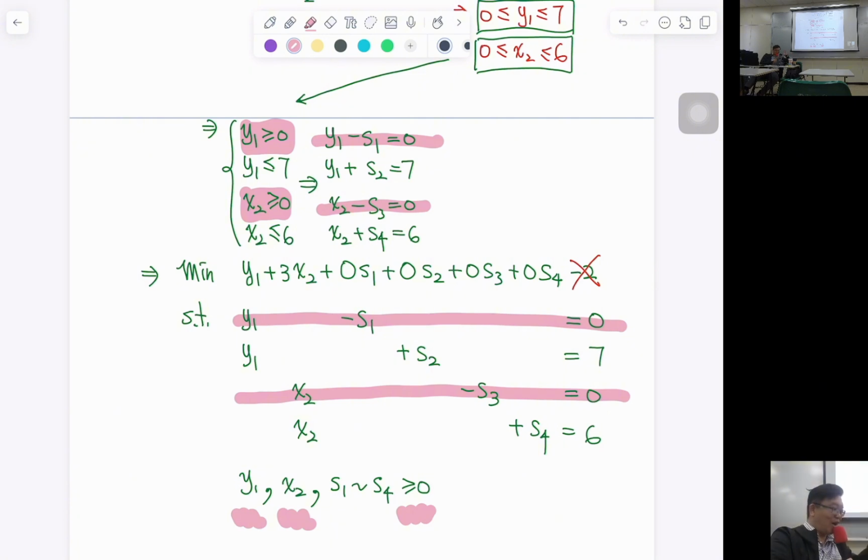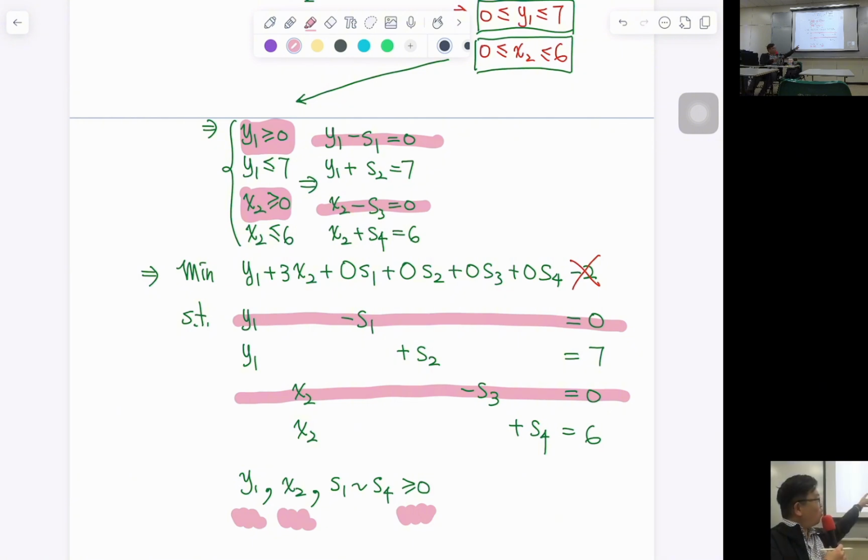Okay, but by this example, I'm just showing you, you can convert inequality problems into equality problems. You just need to introduce some slack variables or surplus variables.